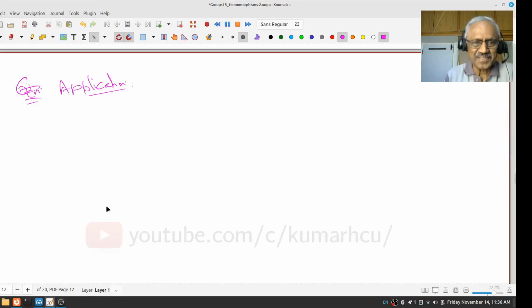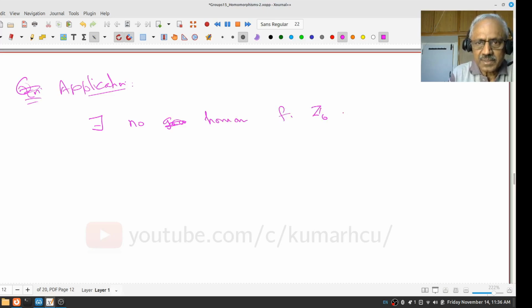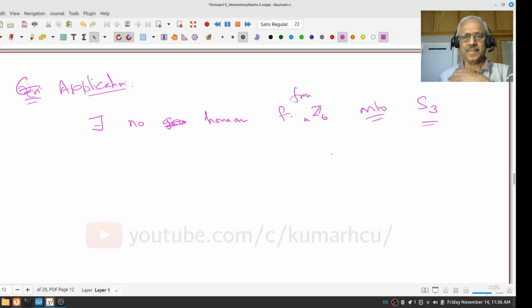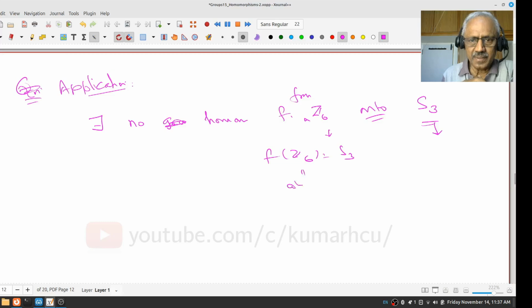So as an application, there exists no homomorphism f from Z6 onto S3. Is the result clear? Because we know S3 is not abelian, whereas Z6 is abelian. But if f is onto, that means f of Z6 must be S3. But this is abelian, and this is non-abelian.